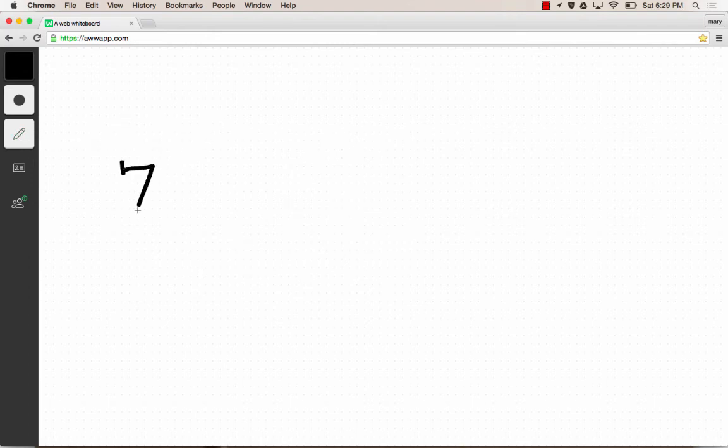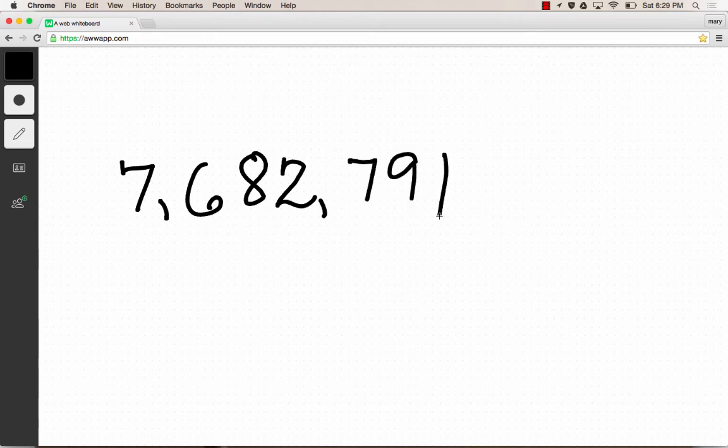The next one is 7,682,791. I have underlined the thousands place. I'm going to look to the right. This comma shouldn't be a concern to you. You still look directly to the right, even if there's a comma. The 7 is 5 and higher.